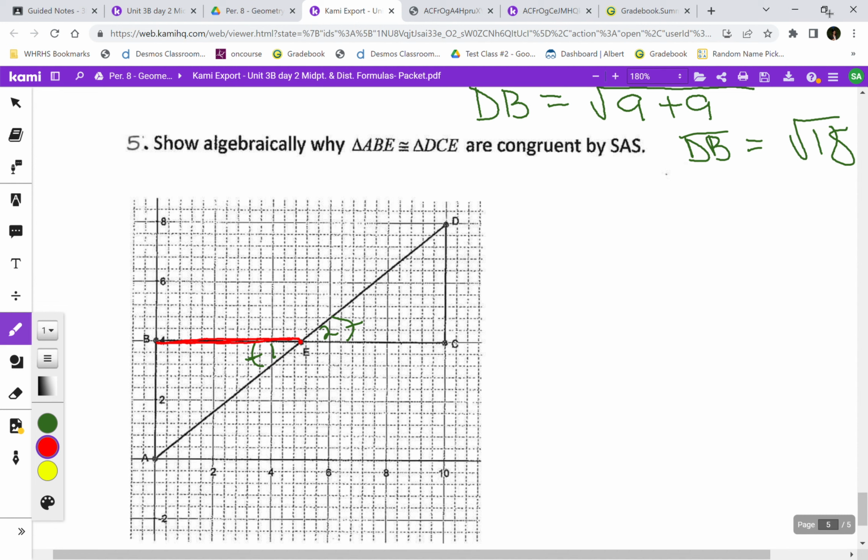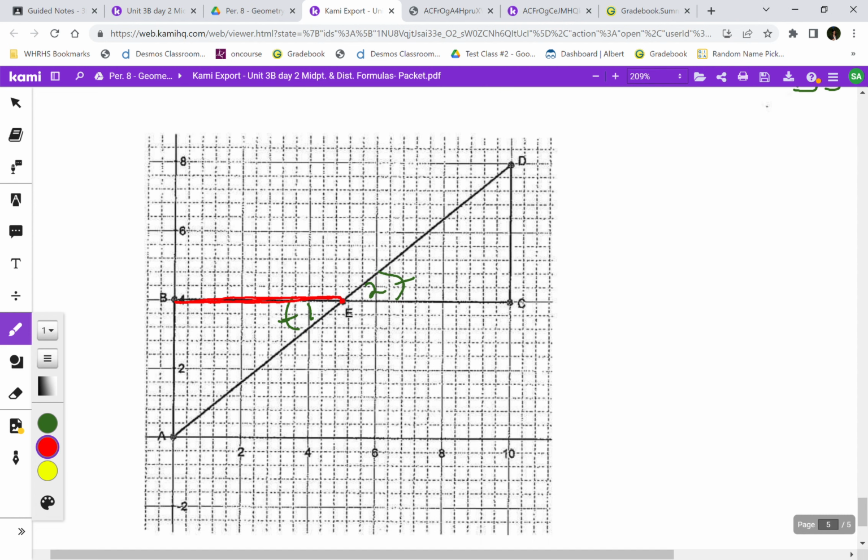So let's count the units. Where is this starting? I'm trying to look at my numbers here. This is 0 all the way to, what is that, 5? All right, so this is 5 units long. And then we're going from 5 all the way to 10, which is another 5 units long. So did we show that these two segments are congruent? Yeah, because they're both 5 units long.